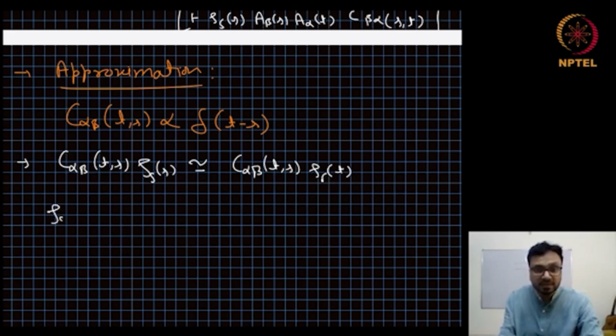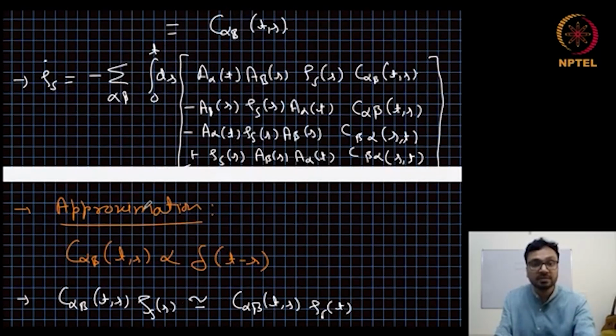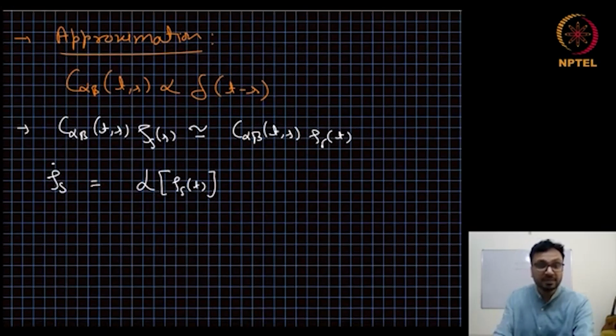Using this, we can write the dynamical equation for our system state as some superoperator, some map acting on rho s of t. Unlike what we had so far, where the derivative of rho s at time t depends on rho s at some other time s, and that s can take any value from 0 to t. But with this approximation that the bath correlation dies very fast in time, we can make the dynamical equation local in time.